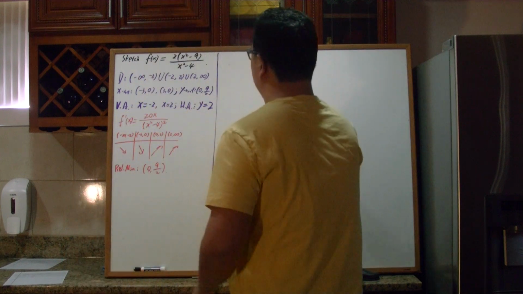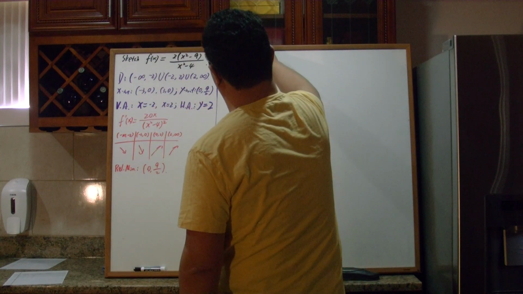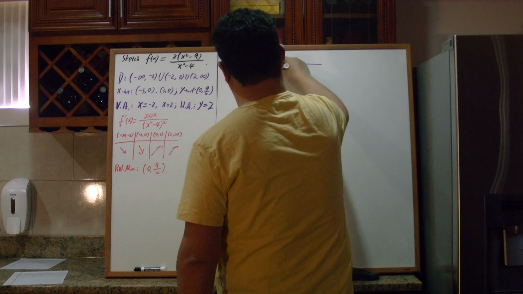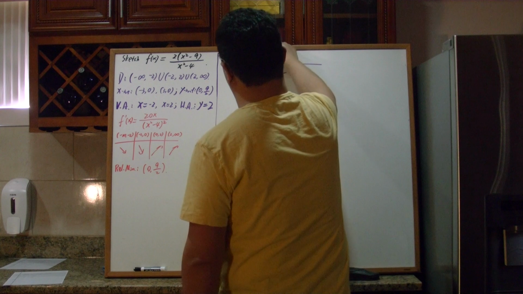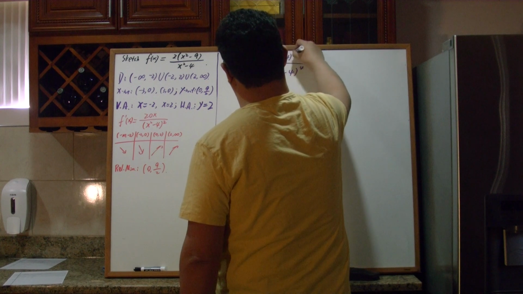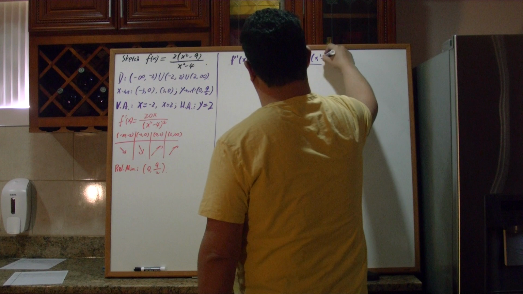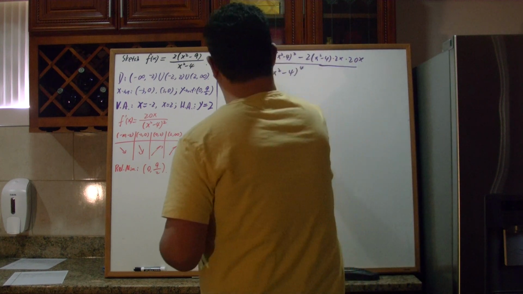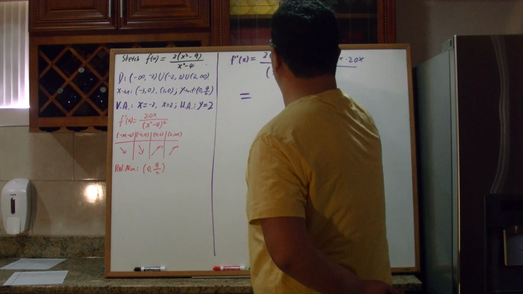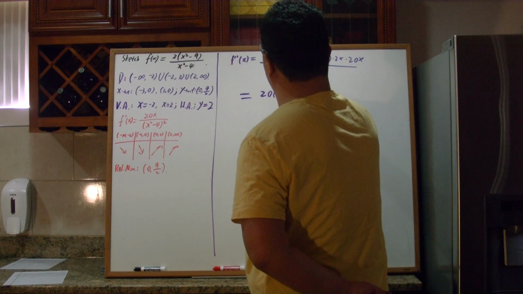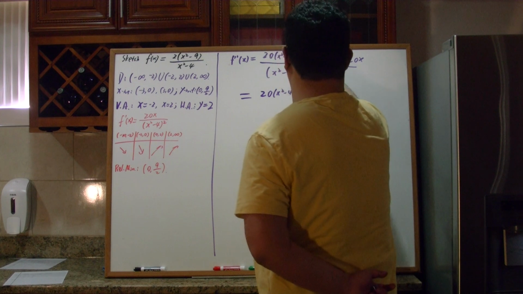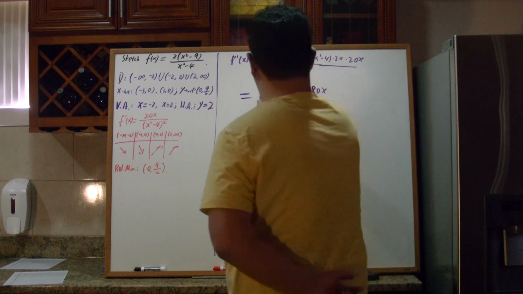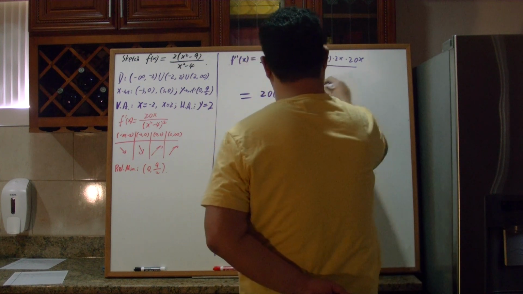And to do the second derivative, f double prime, over x squared minus 4 to the fourth power, u prime times v minus v prime times u. We're able to cancel out one of those. That's 20 times x squared minus 4 minus 80x squared.